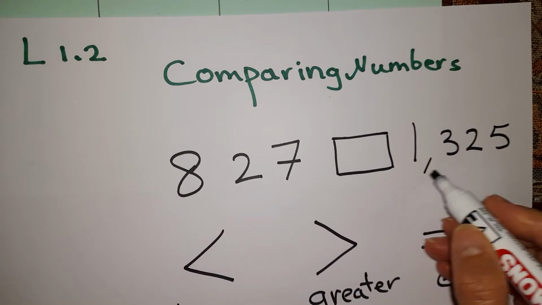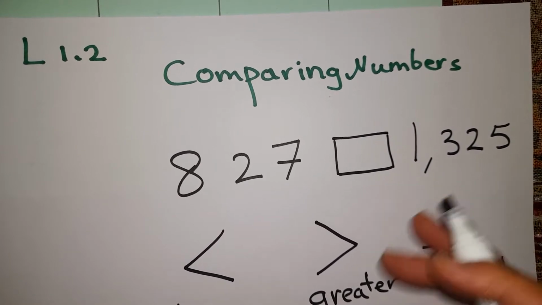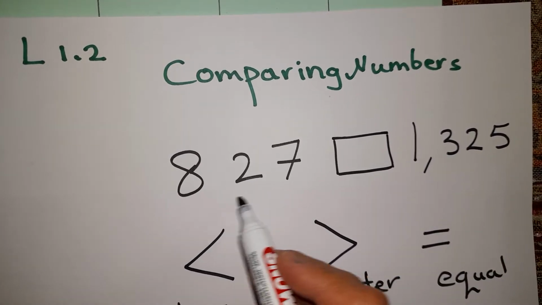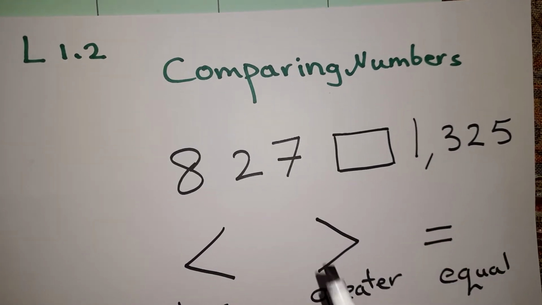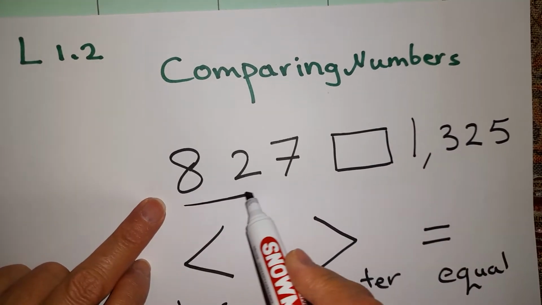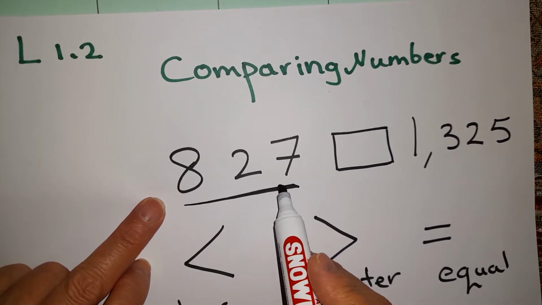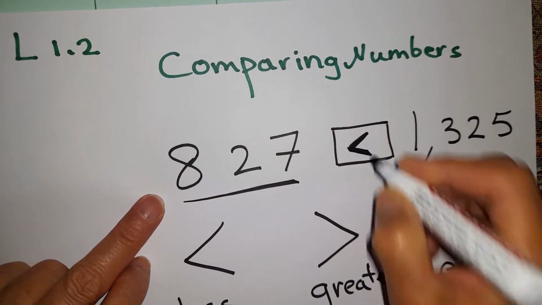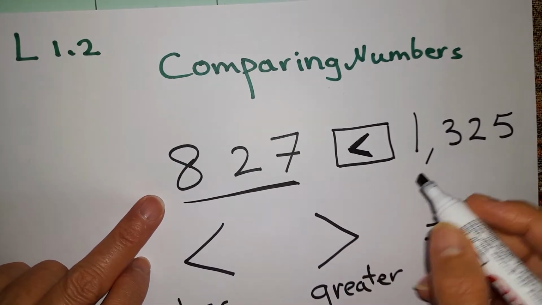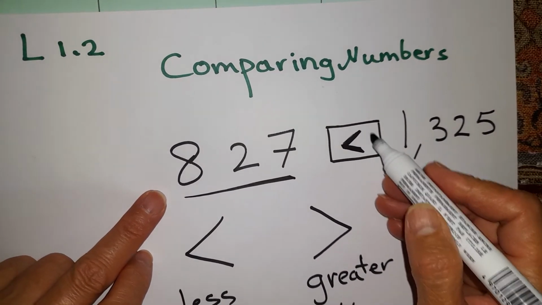Because I have in this number 4 digits, it is more than. I have here 3, it is less than. The number on the left has only 3 digits, so I will give this number the small mouth of my sign, and I will give the big number the big mouth.